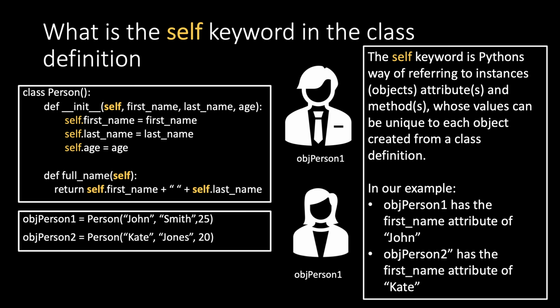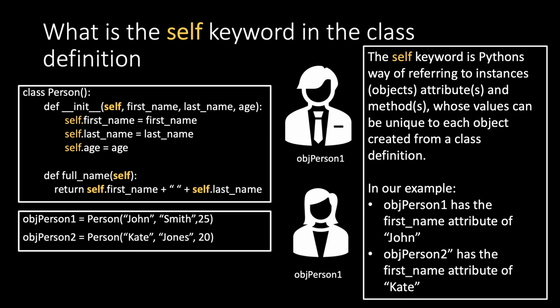And as well, we have self.firstName equals the first name, self.lastName equals last name, and self.age equals age. Well, Python needs self to know that these are separate. They're going to be scoped to the object, so to speak. And same with full name. That's a method that's going to return back the instance or object's copy of the class.